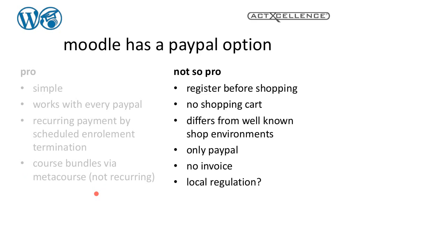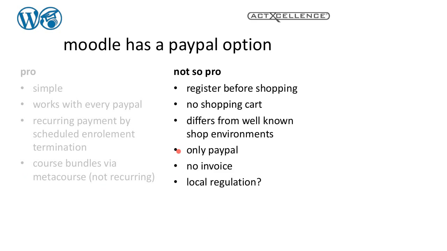And the other side of the PayPal plugin in Moodle is you have to register before you can start shopping. That's not bad, but people are used to registering after they have selected their product. So you have no shopping cart, and this differs from other shopping environments and reduces the trust in the transaction, I think.